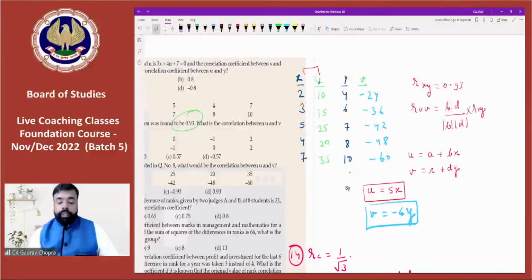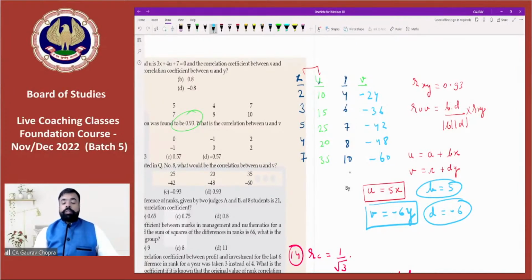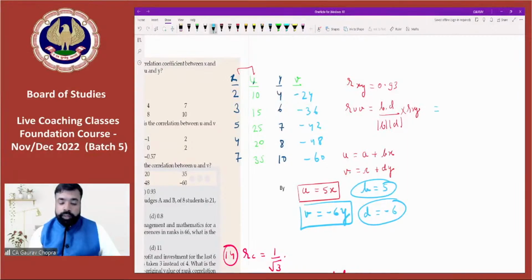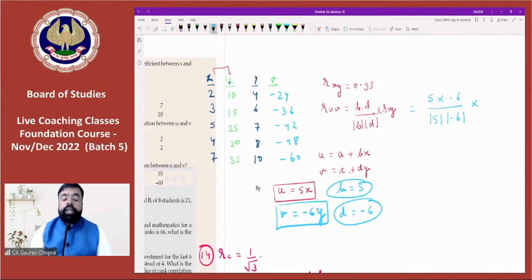This is U and V. Now, what is the value of B? The coefficient of X is 5, so B is equal to 5. And the coefficient of Y is -6, so D becomes -6. Now let us put the values: 5 into -6 upon mod 5 and mod of -6, multiplied by RXY, which is 0.93.